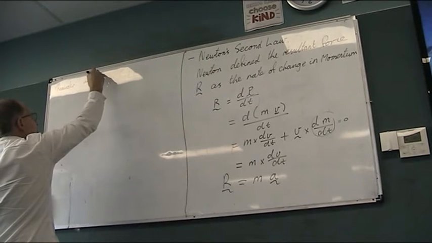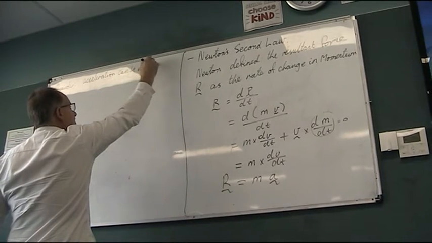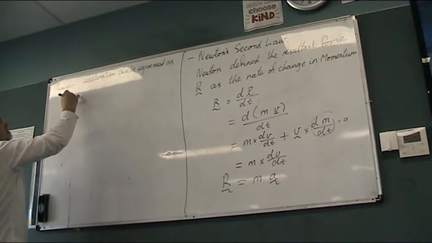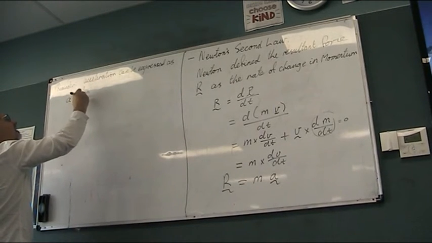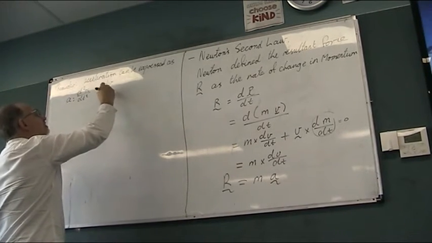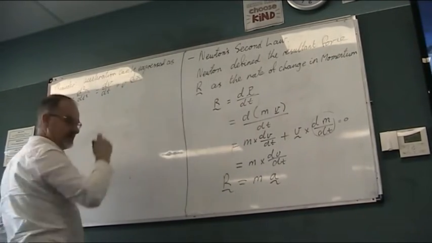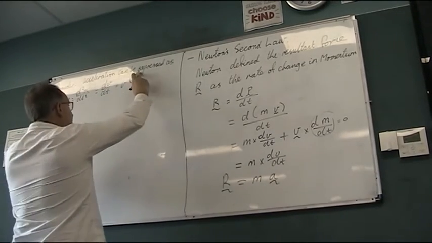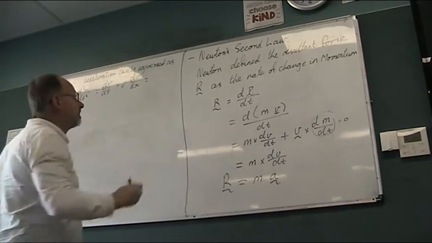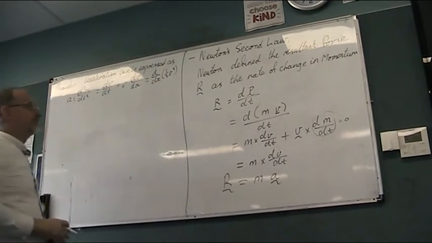Acceleration can be expressed as the second derivative of the change in position, dv/dt, v times dv/dx, not x dv, dv/dx, or d/dx of half v squared.